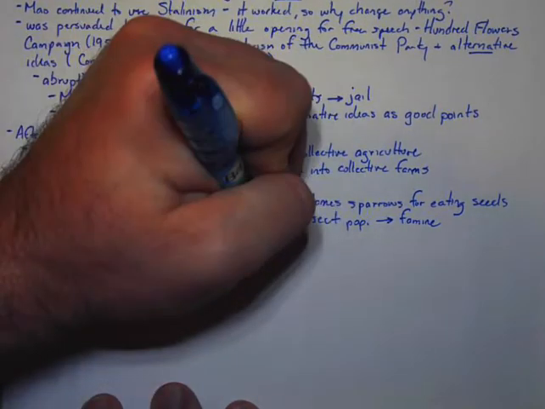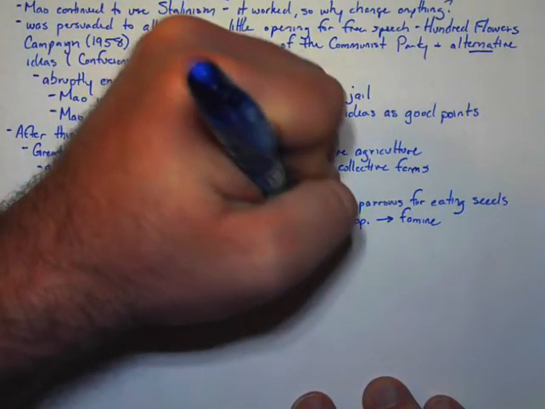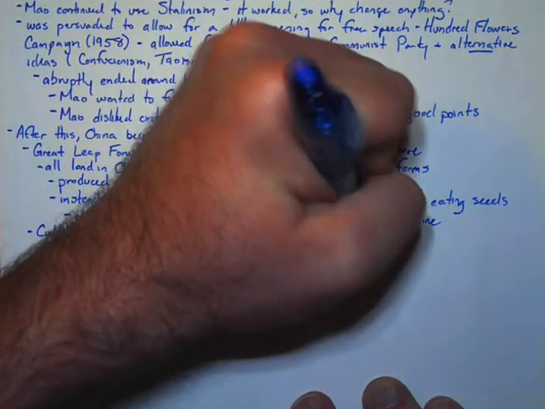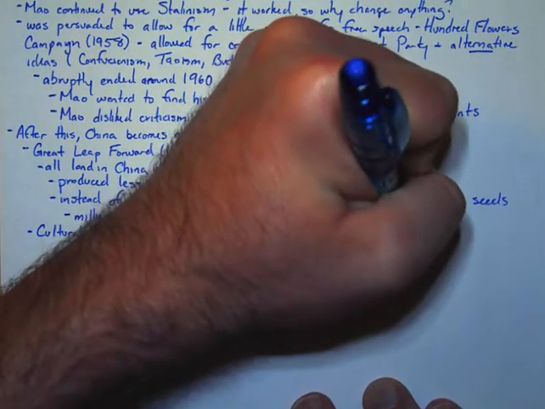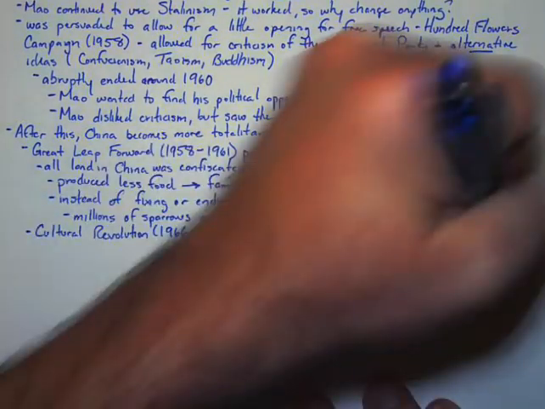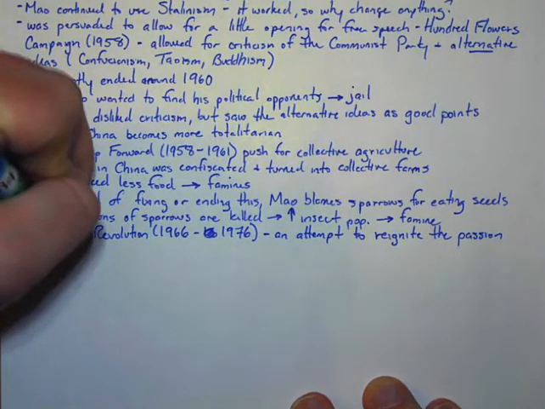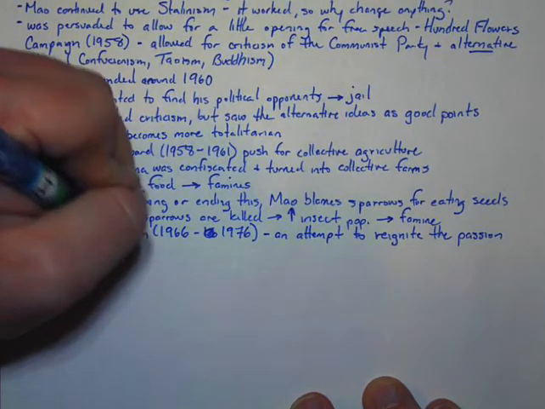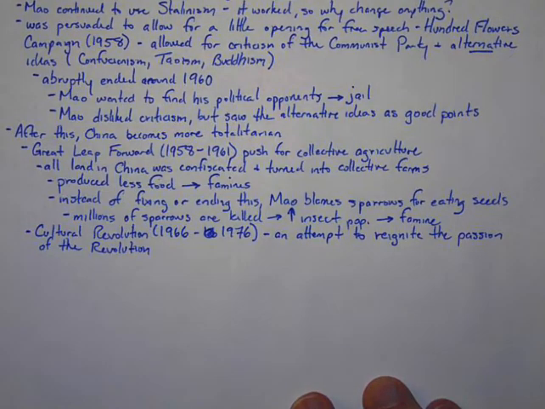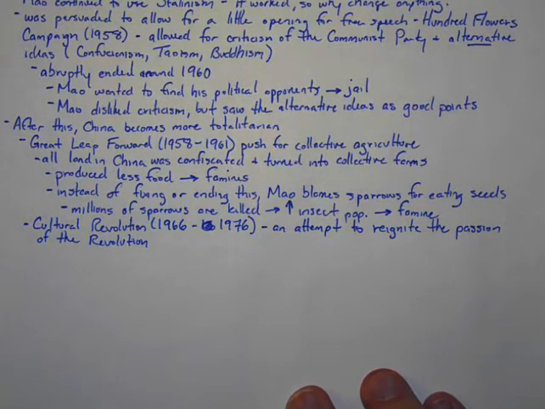The Cultural Revolution was an attempt to reignite, I guess we'll call it, the passion of the revolution. It's been 27 years since the revolution started, and people have grown complacent. It's normal now, it's just regular life.